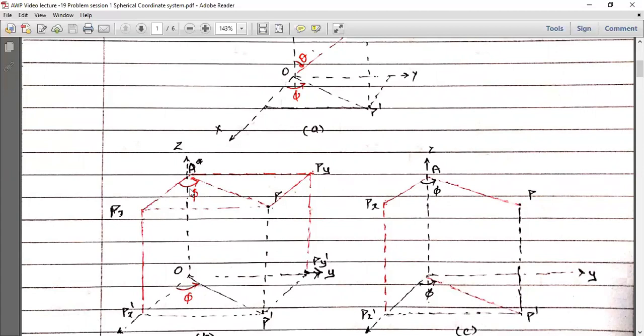The same thing is also expressed in the third figure, figure C, where you can view the XZ plane itself, A, PX, PX dash and O, and the plane A, P, P dash, O. You can consider these two planes making some angle with each other.